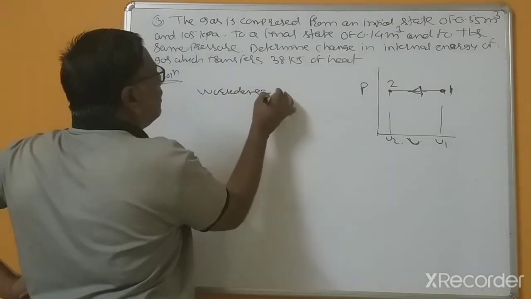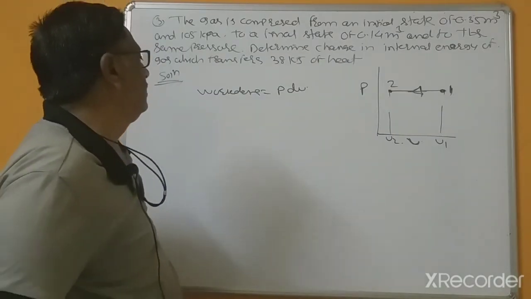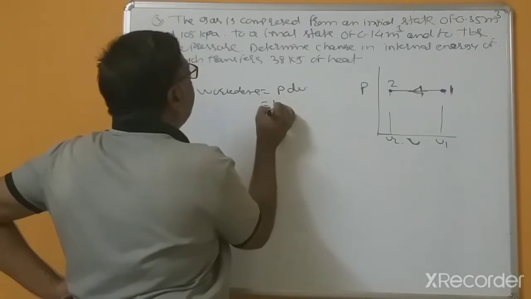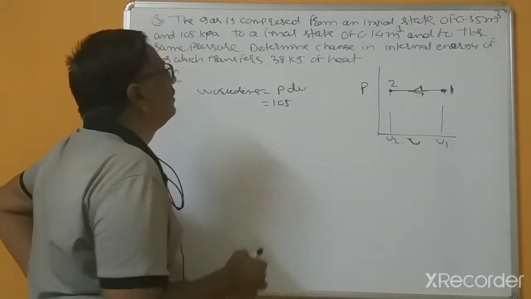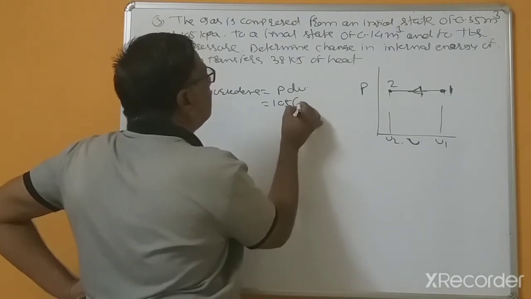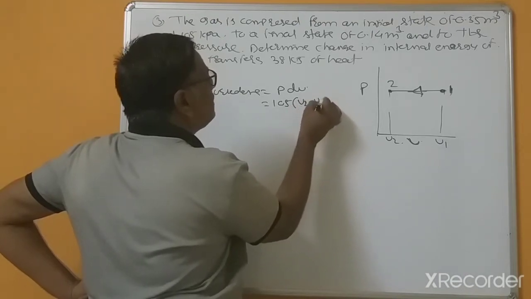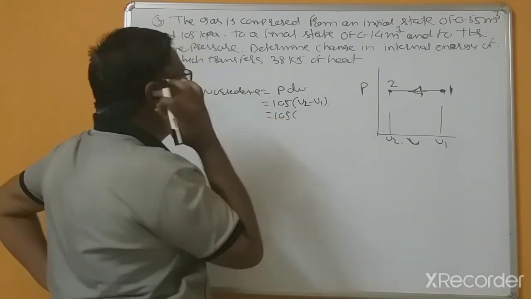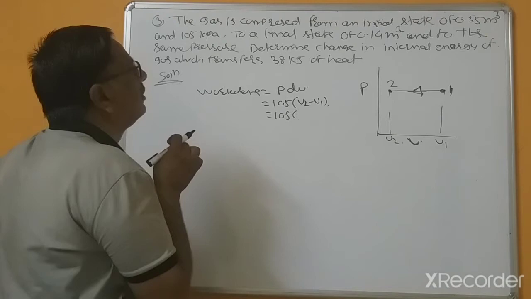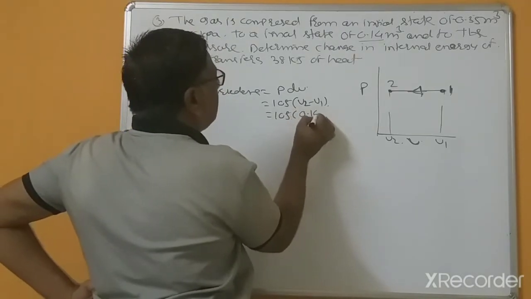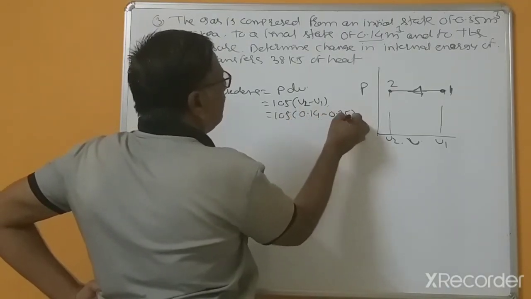Work done equal to P into dV. So this is 105 and this is dV, V2 minus V1, where V2 equal to 0.14 minus 0.35.